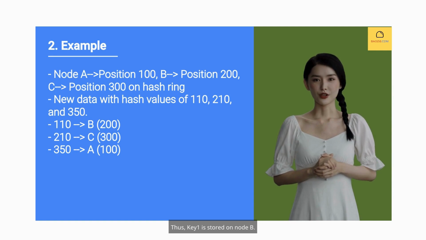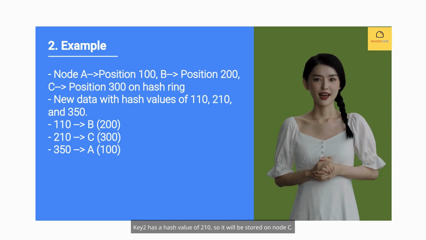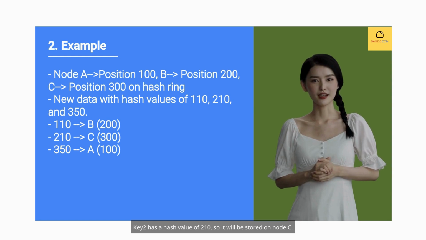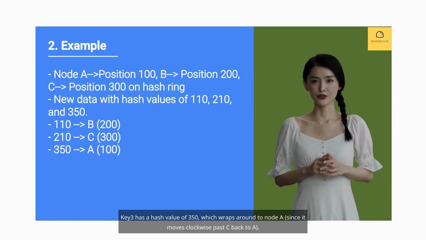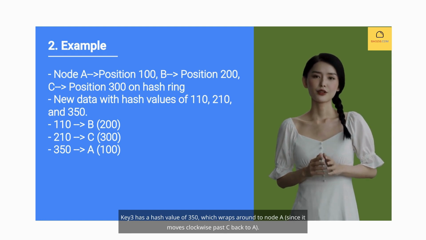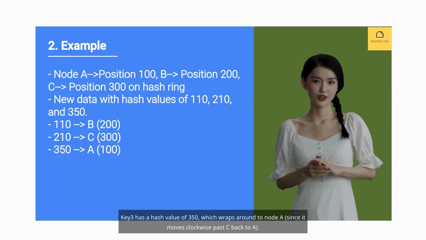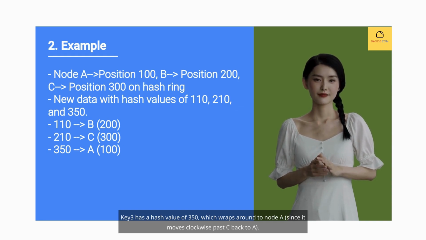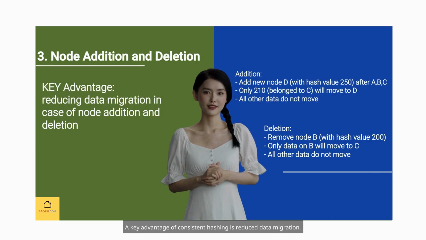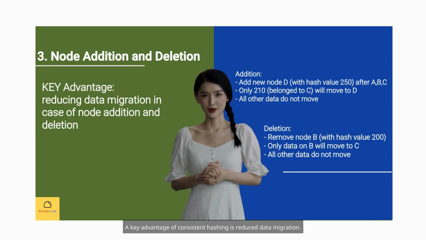Thus, Key 1 is stored on node B. Key 2 has a hash value of 210, so it will be stored on node C. Key 3 has a hash value of 350, which wraps around to node A, since it moves clockwise past C back to A.